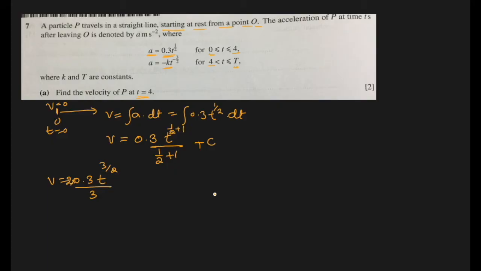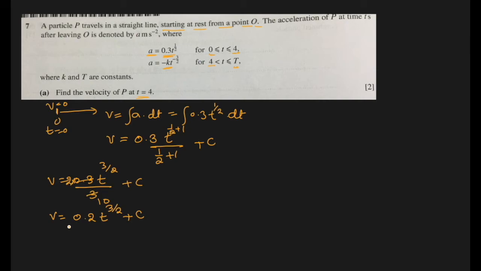Okay, so I can cancel, plus C is also there, right? So I can cancel, 0.3 is 10 and 2 divided by 10 is 0.2. So V is 0.2 t to the power 3 over 2 plus C.